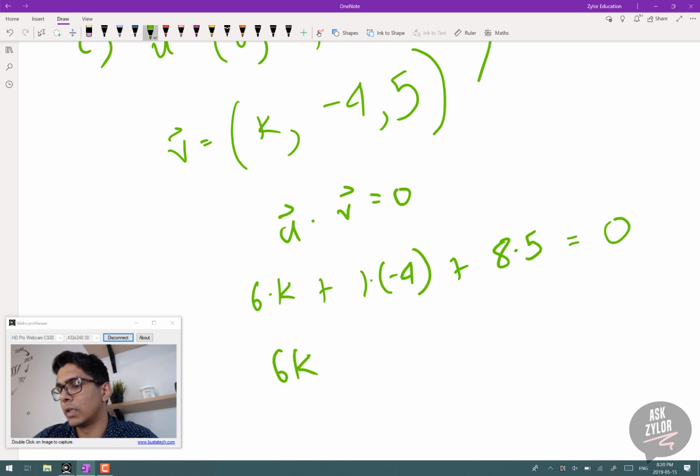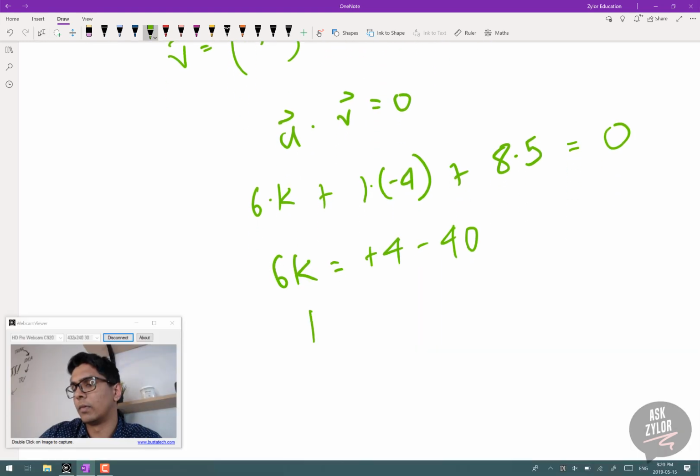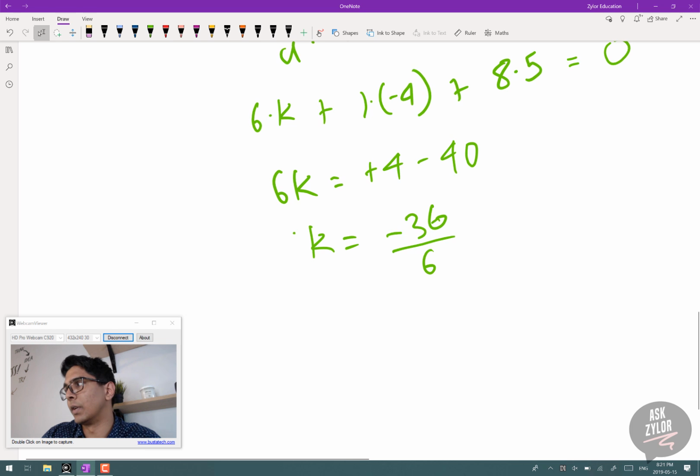So I can say 6k is equal to negative 4, which becomes plus 4, and move the 8 times 5, which is 40, to the other side, so minus 40, which leaves me with k is equal to 4 minus 40 ends up being negative 36. You can divide both sides by 6 to isolate for k. So this gives me negative 6 as my k value.